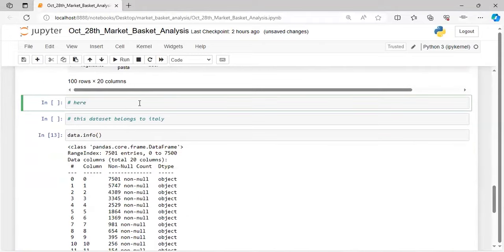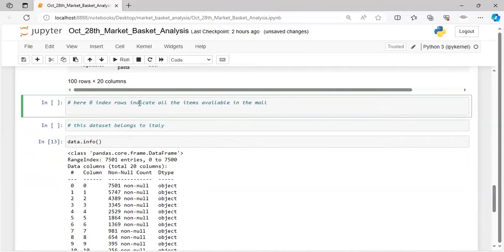Here, the 0 index row indicates all the items available in the mall, and rows from index 1 to 5,000 indicate the invoice number, which you can consider as containing the respective items.